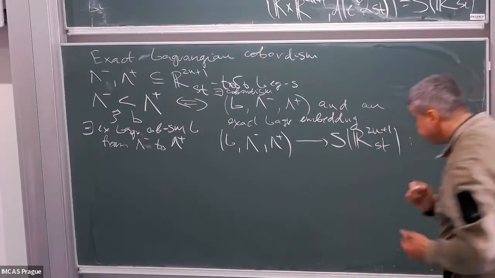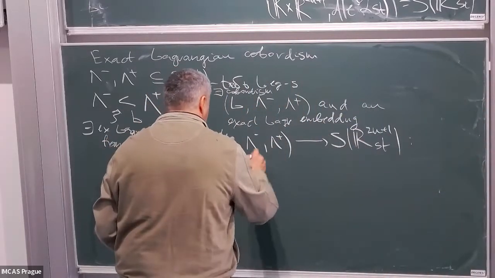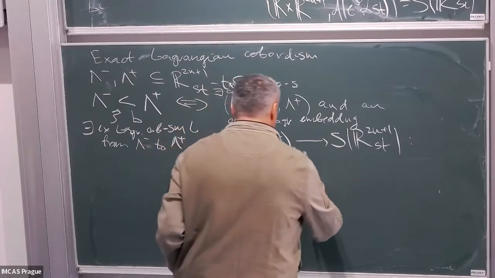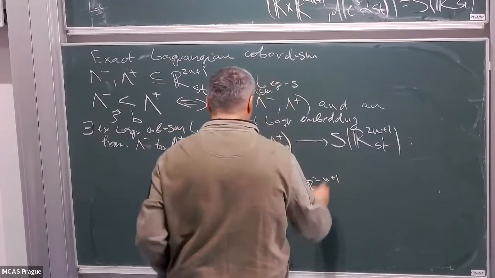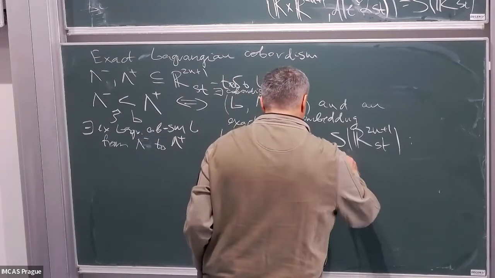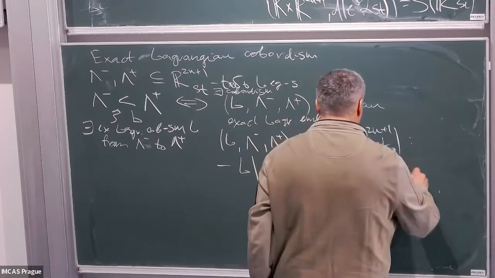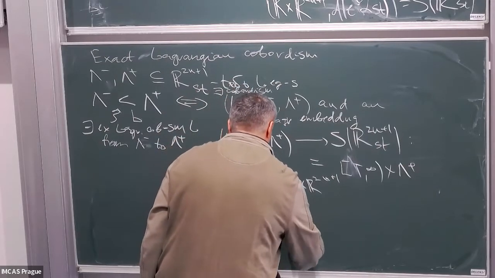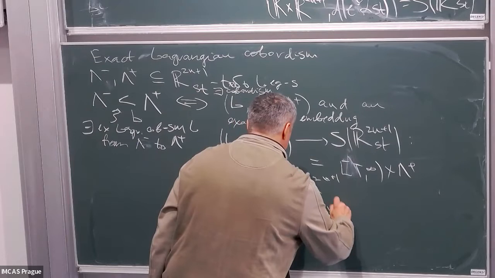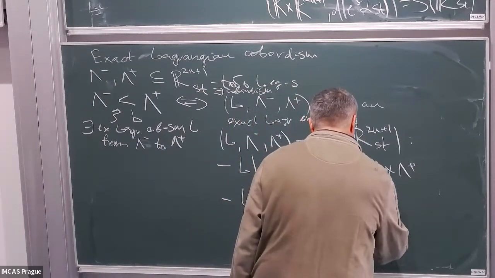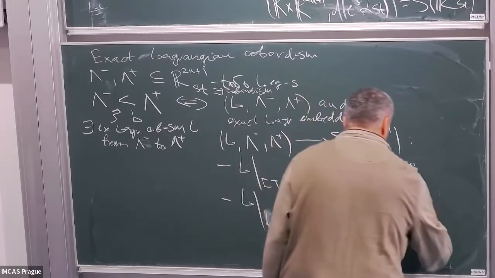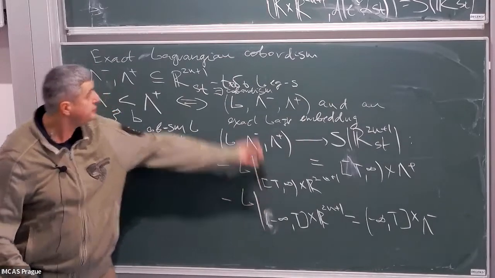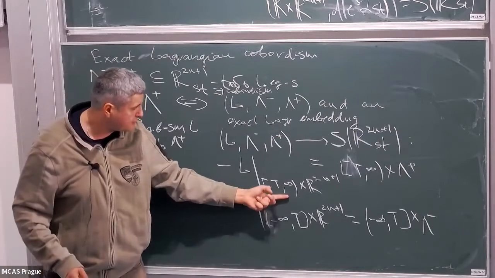Okay. So first, L restricted to T from infinity, times R to the 2n plus 1, is equal to T from infinity times lambda plus, and L restricted to minus infinity to T, times R to the 2n plus 1, is equal to minus infinity to T times lambda minus. So here we have this extra T direction.